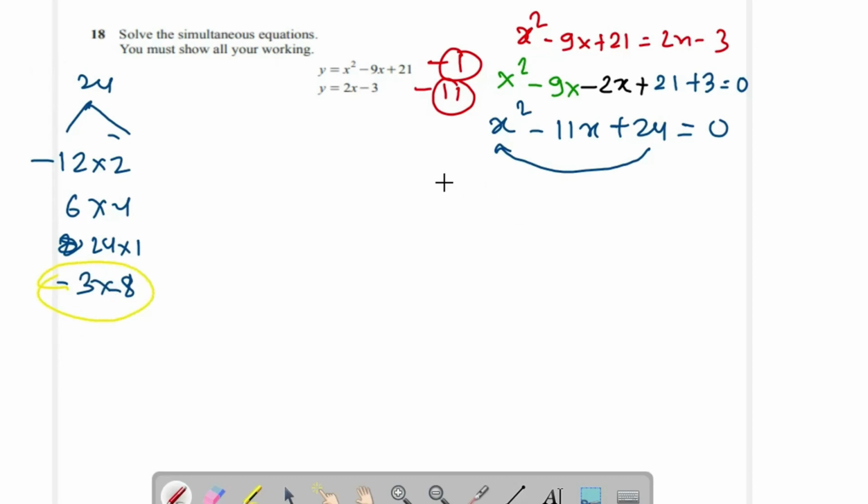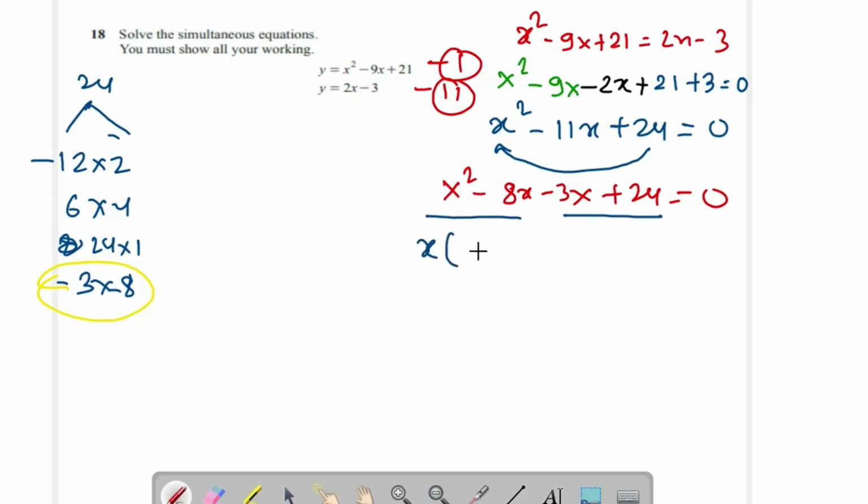So in this scenario, I write x squared minus 8x minus 3x plus 24 is equal to 0. Now we perform the grouping of these two and these two. x is common in the first, so x minus 8. Then minus 3x is minus 3 into x, and 24 we can write as minus 3 into minus 8.